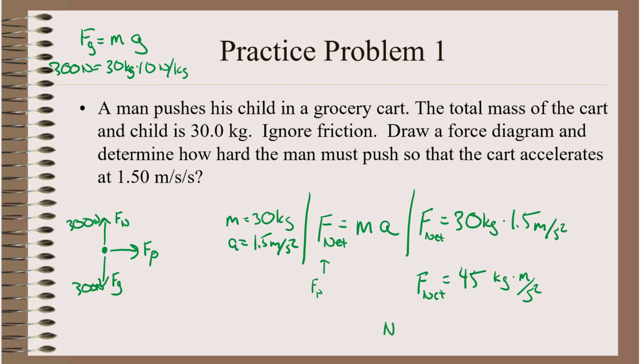So unit-wise, a newton is really the same thing as kilogram meter per second squared. We just wrap them up in a nice bundle. Sometimes they can be broken down. So just know that a newton is really all of those units together for later on.